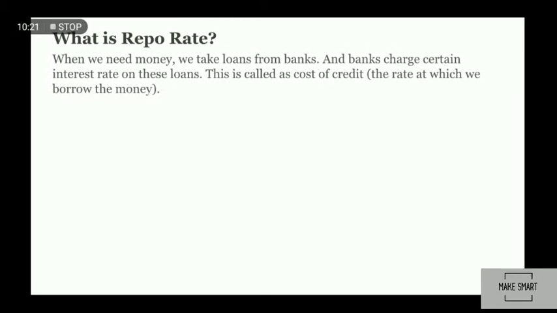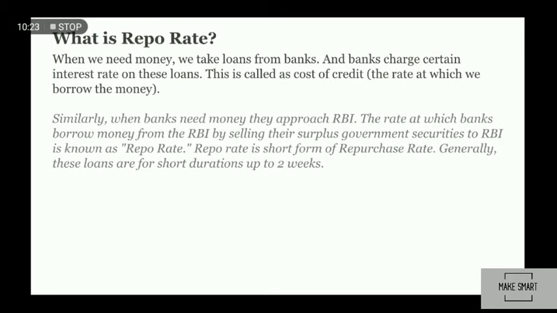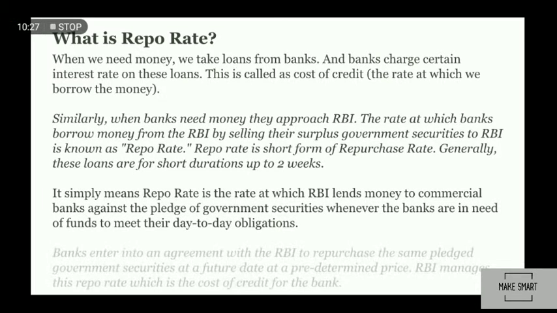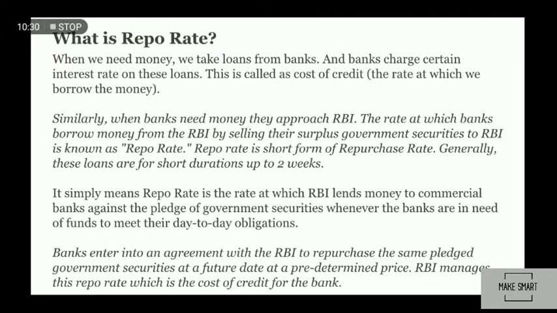Next is, what is the repo rate? When we need money, we take a loan from the bank, and the bank charges a certain interest rate on this loan, which is called the cost of credit, the rate at which we borrow money when we need it. Similarly, when the bank needs money, who gives it?